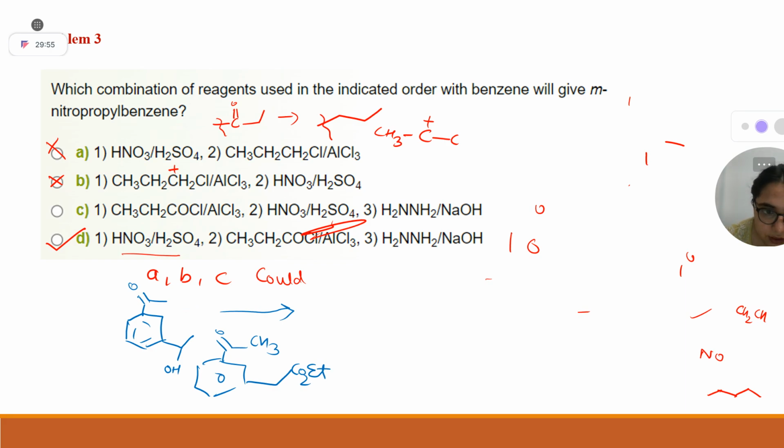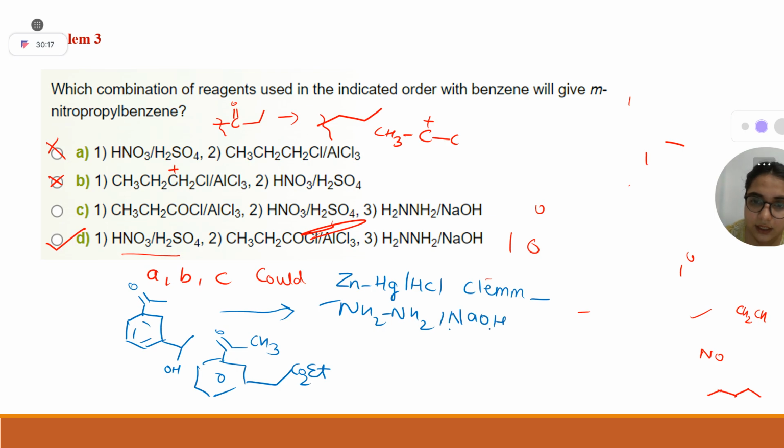If you want to reduce this carbonyl to an alkyl chain, you can use two things. One is Zn-Hg/HCl, which you told me is Clemmensen reduction, and you can also use the Wolff-Kishner reagent. For the reduction of problem number 1, which reagent is more suitable, Clemmensen or Wolff-Kishner?